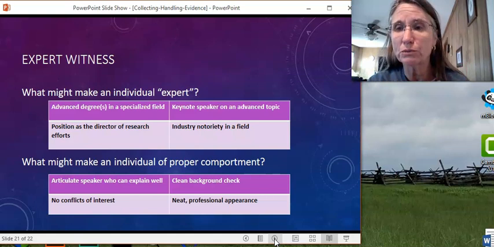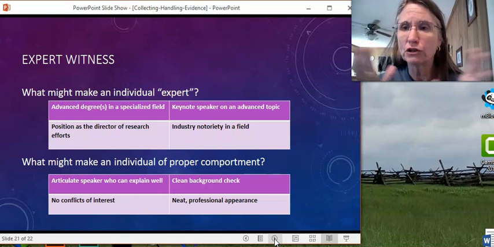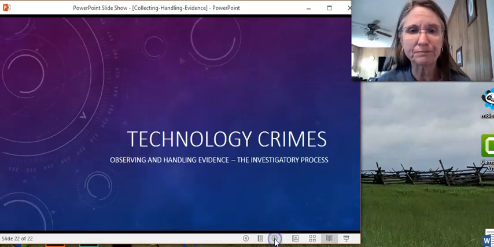Of course, we want this person to have a very clean background check. We don't want anyone digging into their history and finding something that would bring out a lack of trust in this individual. Of course, they should have no conflicts of interest that would bend their opinion in one direction or another. And of great value would be a skill in explaining a very complicated topic to a lay audience.